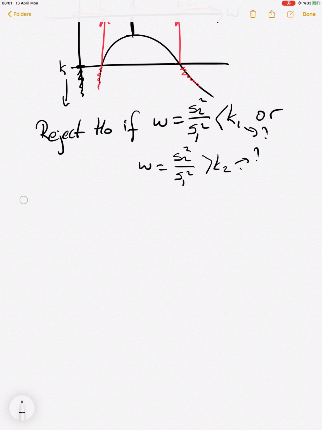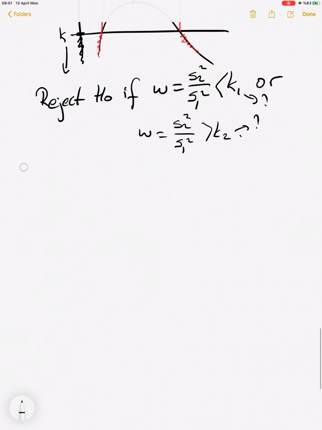Again, using the type I error probability, we can easily define our test statistic. But before going to that, let's try to find the distribution of W. We started with normal, remember, and we ended up with the ratio of two population variances. So as you can guess, we will end up with the F distribution, right?